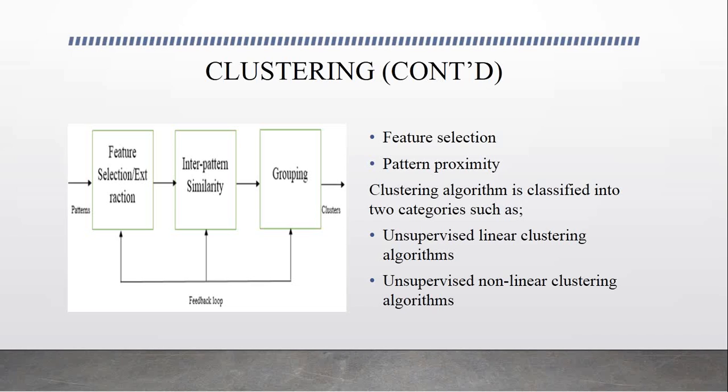Here the clustering algorithms are classified into two categories, as we discussed in the beginning: supervised and unsupervised clustering algorithms. In unsupervised, there are linear and non-linear. First, I will give a little introduction about supervised and unsupervised learning. In supervised learning, the algorithm is given the data points and the labels that explain each case.